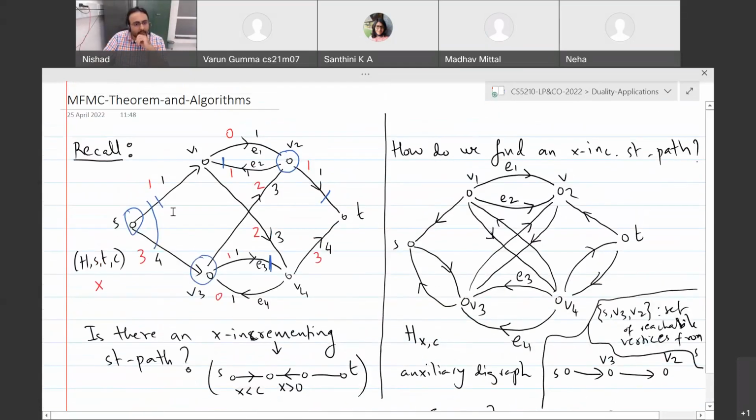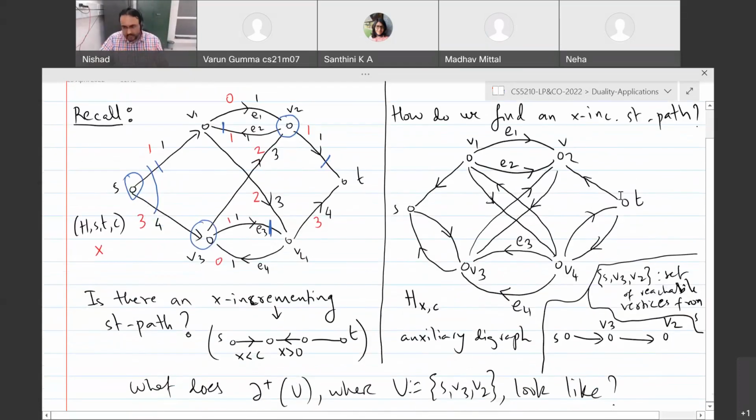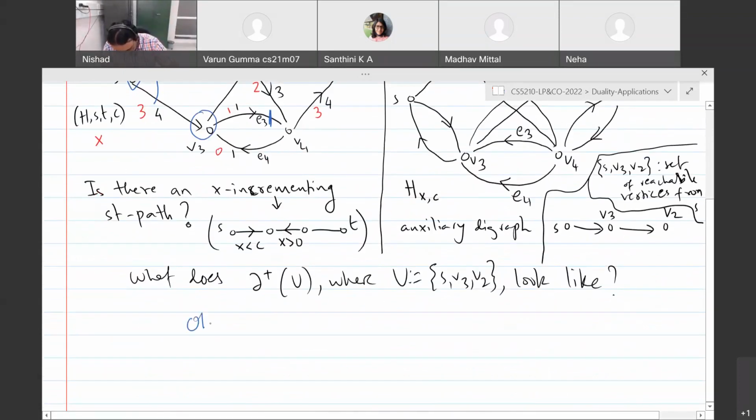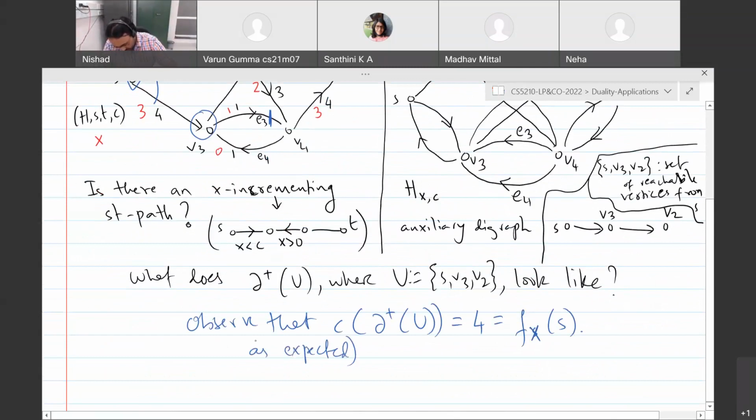So I'll just write down what the final thing is. Observe that the capacity of the arcs going out of U into U bar is exactly equal to 4, which is exactly equal to the value of our current flow, as expected, because there is no x-incrementing s-t path.